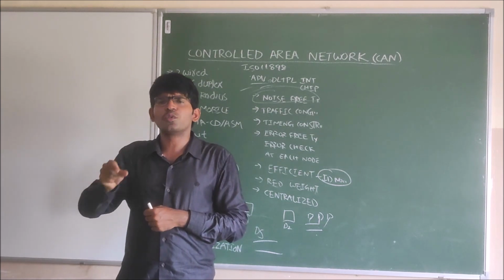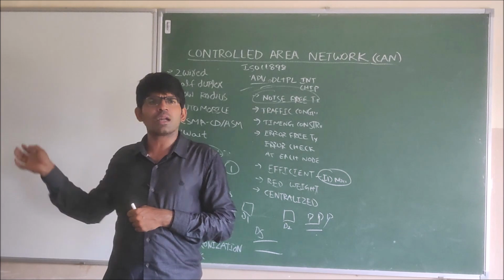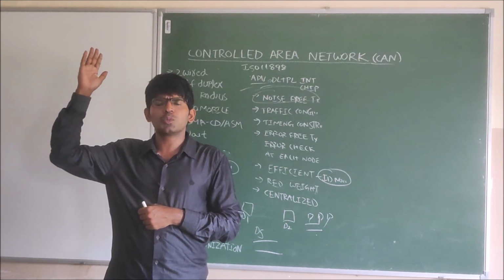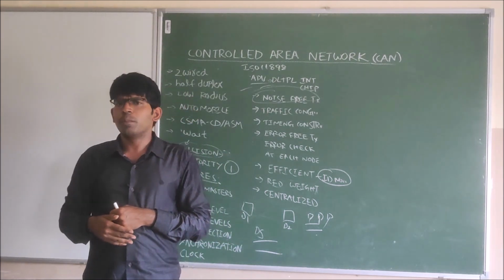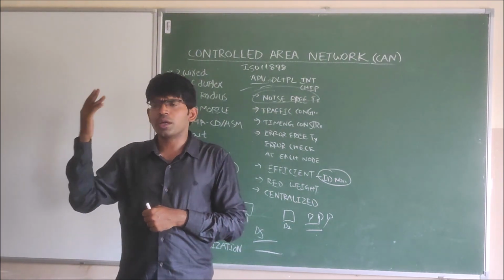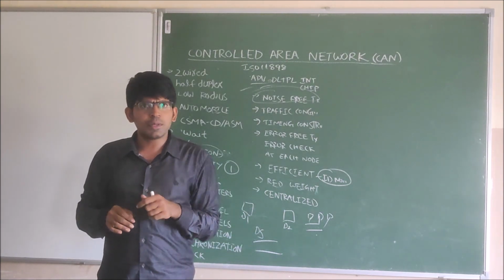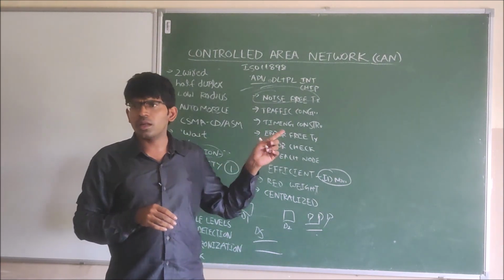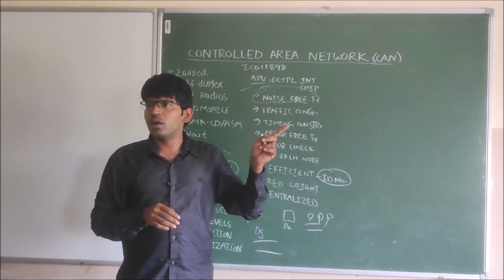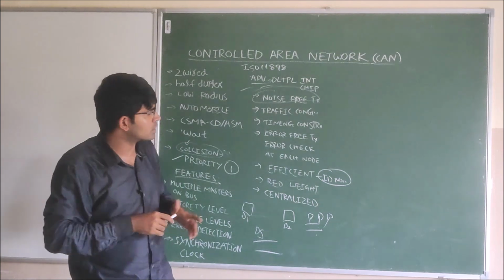In each of these circumstances, even though the electric disturbances are high, sometimes you may get high ionospheric reflections, because the ionospheric reflections may vary from the day region to the night region. Because of all these electrical disturbances, the control area network protocol we have designed will not get affected like the remaining protocols.